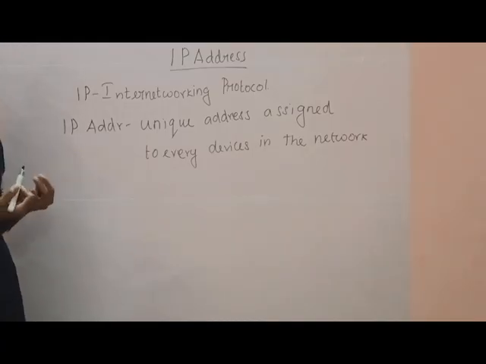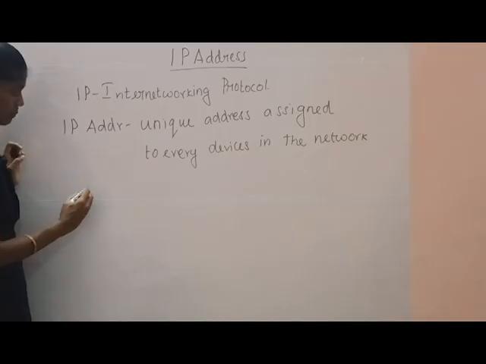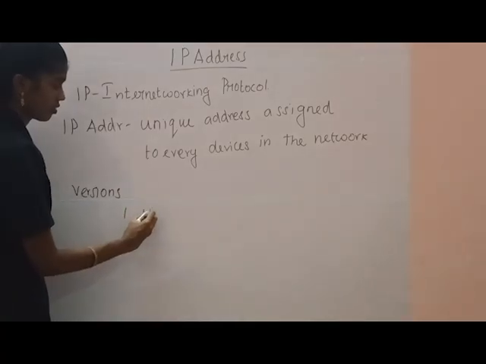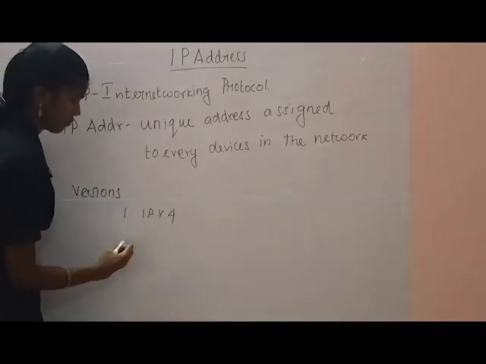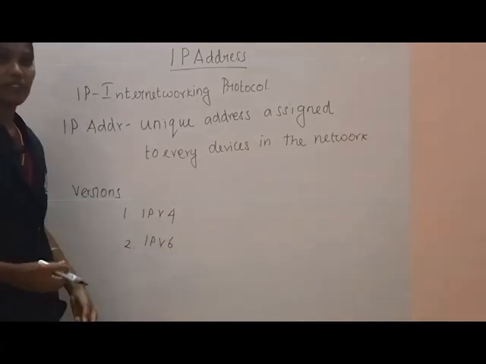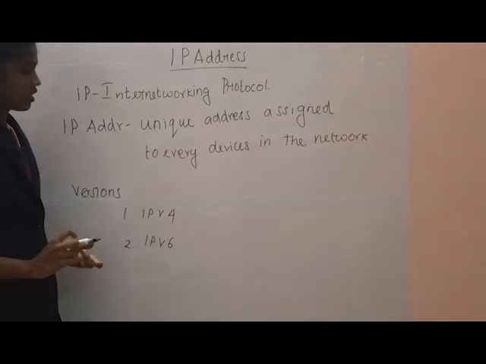Now we can classify IP addresses into two, version 4 and version 6, based on their versions. So let me explain the versions of IP address. IPv4 and IPv6.